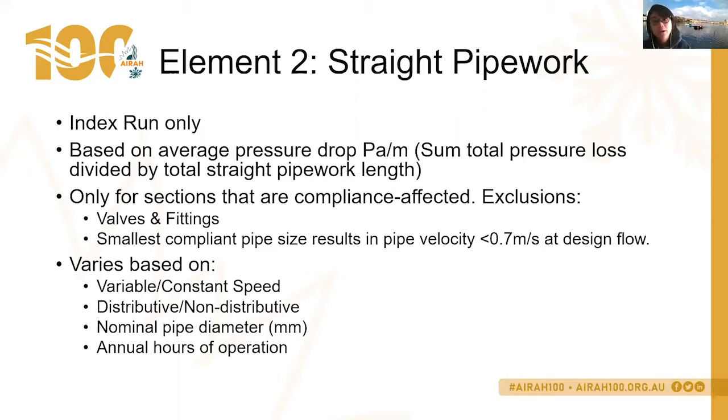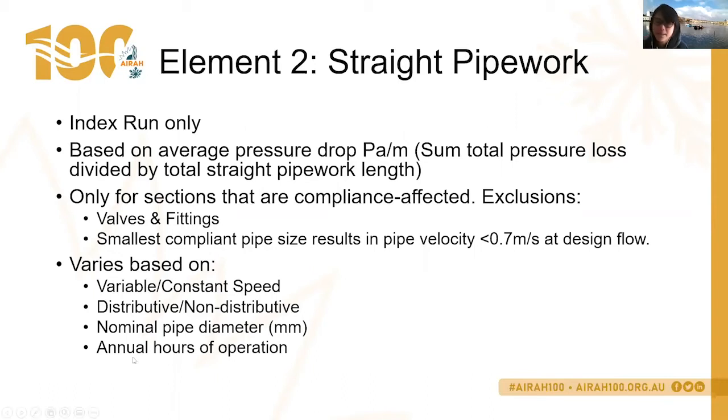The straight pipework requirements would vary based on variable or constant speed, and whether you have a distributive or non-distributive system. In most systems, it wouldn't be a constant flow because of the different branches to it. And if you have different branches, then generally it will be a distributed system.